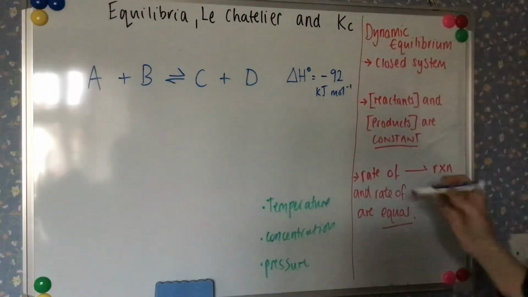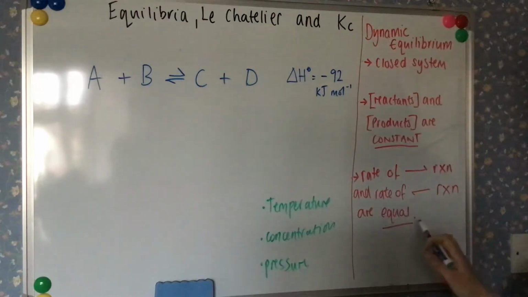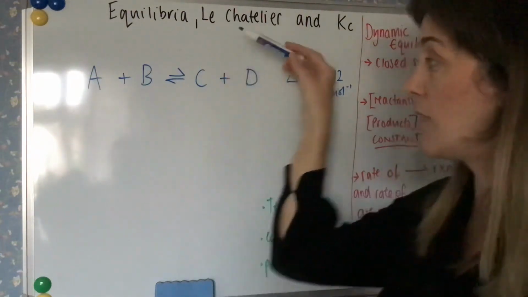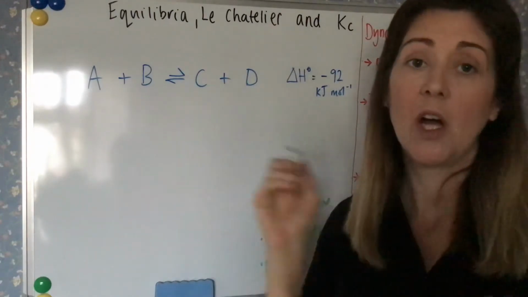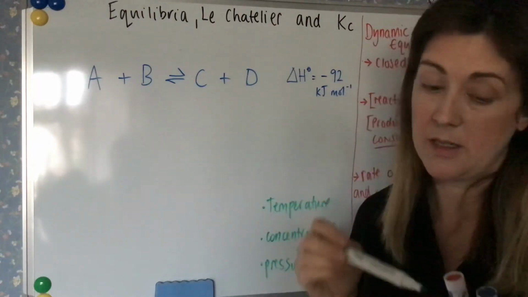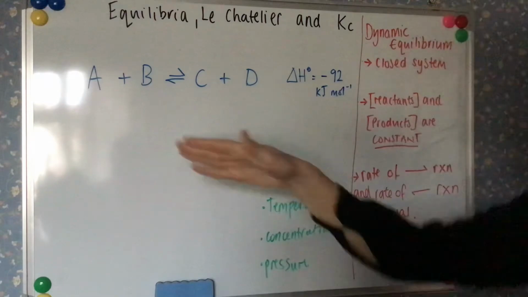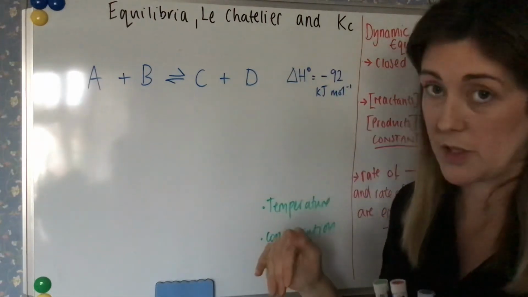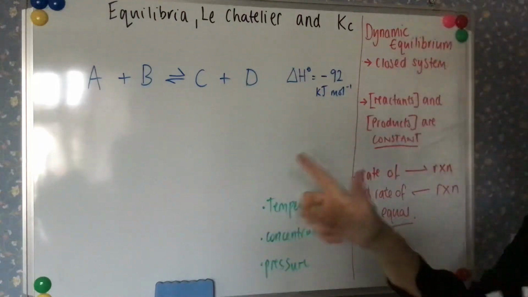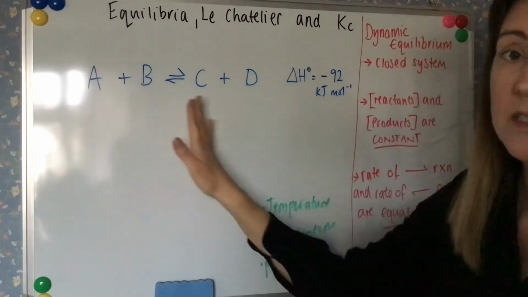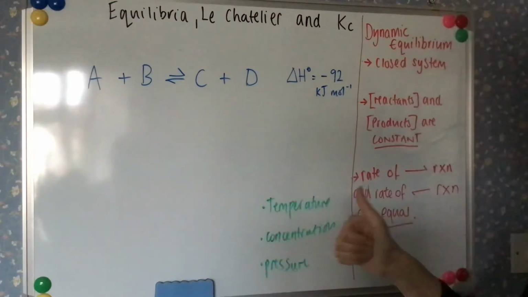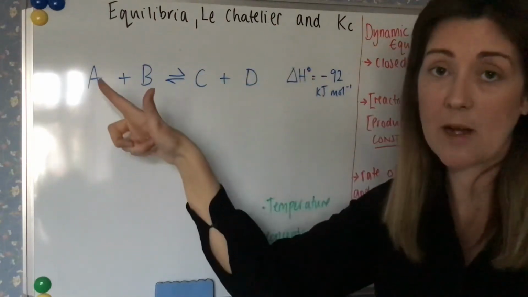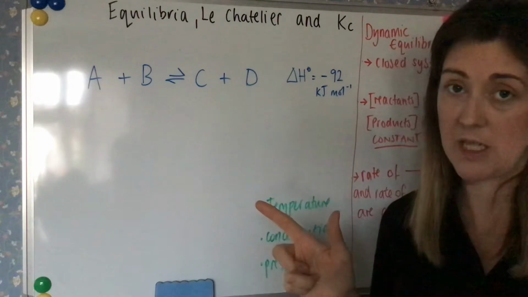The other point to make sure you remember is the rate of the forward reaction and the rate of the backwards reaction are equal to each other. And if you think about it, they would have to be equal for those concentrations to remain constant. So the two things: the concentrations of the reactants and products are constant, and the rate of the forward reaction and the rate of the backwards reaction are equal to each other.